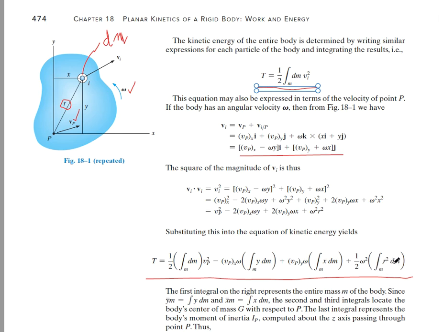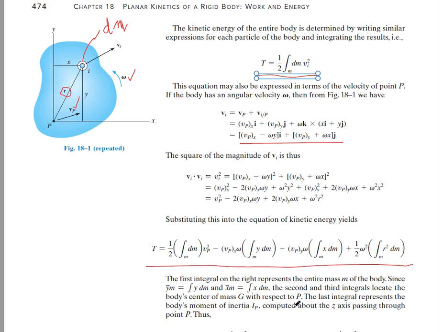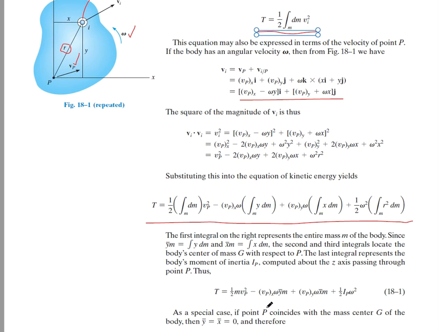This is the moment of inertia of the body relative to point P. And then the other two terms in between involve the velocity of point P, so some cross terms here.